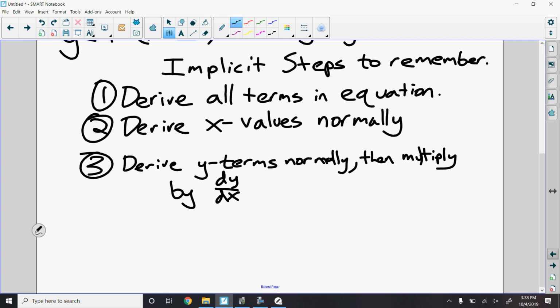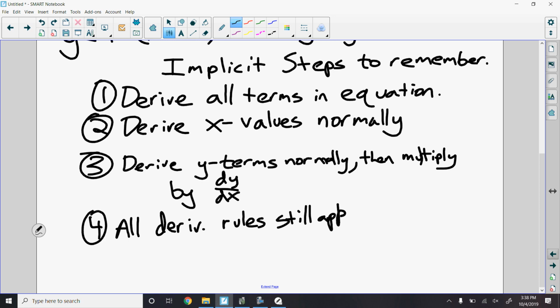Number four, all derivative rules still apply. So that would be power rule, product rule, quotient, and chain.